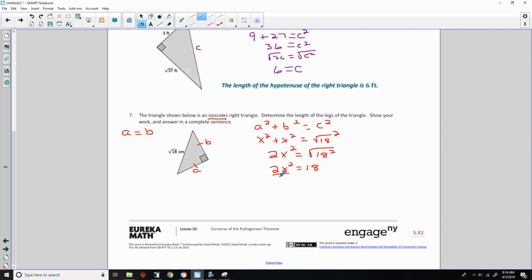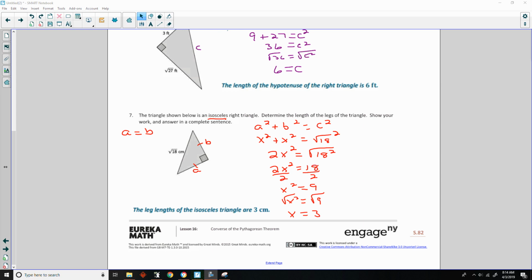To solve for x, I divide both sides by 2, and x squared equals 9. Then I take the square root of both sides. The square root of x squared equals the square root of 9, and therefore x equals 3. And therefore the leg lengths of the isosceles triangle are 3 centimeters each.